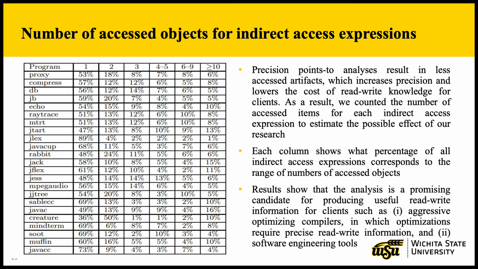These results show that the analysis is a promising candidate for producing useful read-write information for clients such as aggressive optimizing compilers, in which optimizations require precise read-write information, and also for software engineering tools in which precision is important to reduce the human effort spent on program understanding, restructuring, and testing.